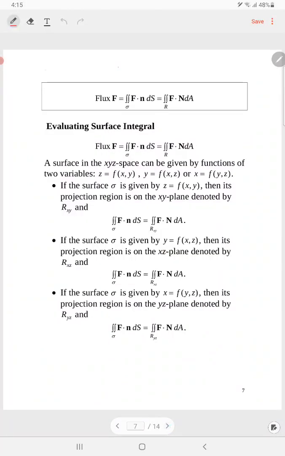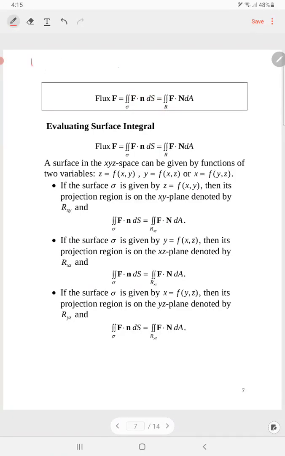So from here we can write the flux of F as the integral of F dot unit normal vector n over surface sigma, by projecting this onto a region R, which is going to be on either the xy plane, xz plane, or yz plane. Let me explain how we do this again.